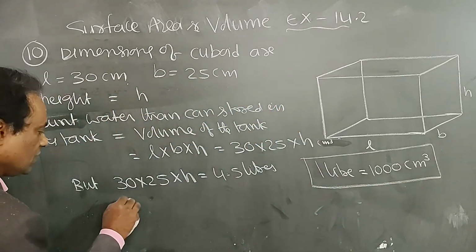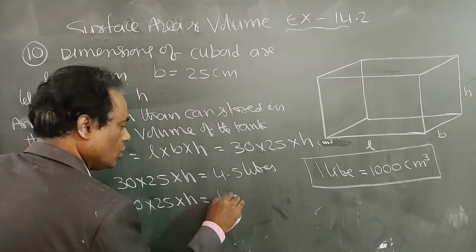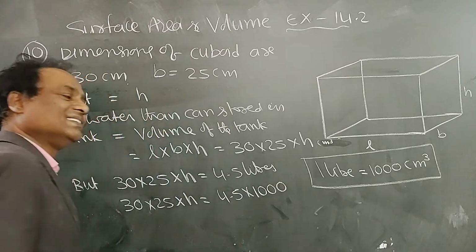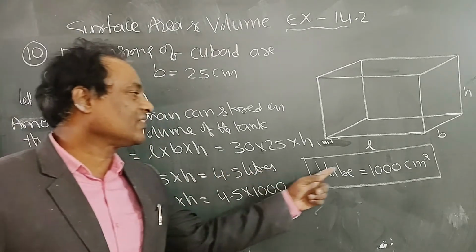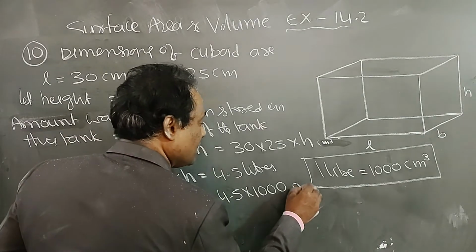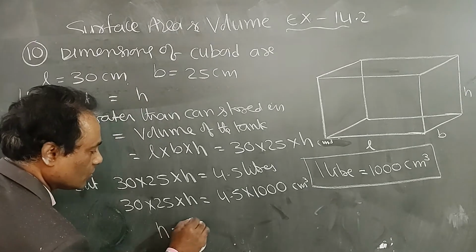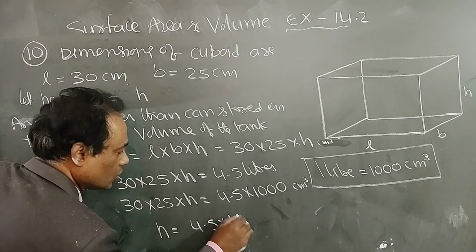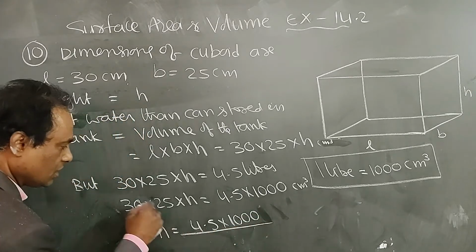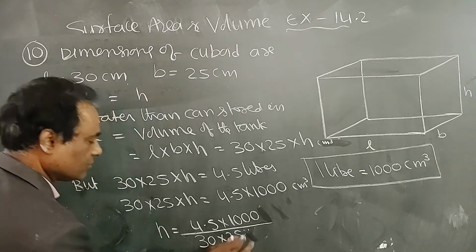So 30 into 25 into h is equal to 4.5 into 1000. 4.5 liters is equal to this many centimeter cube. So we want the h value. h is equal to 4.5 into 1000 by 30 into 25.